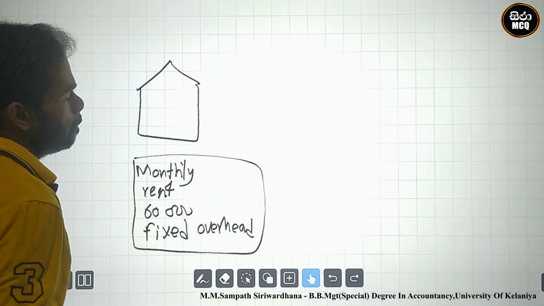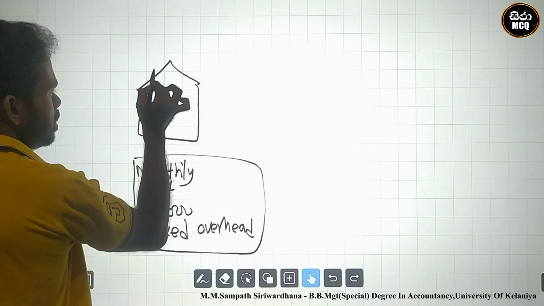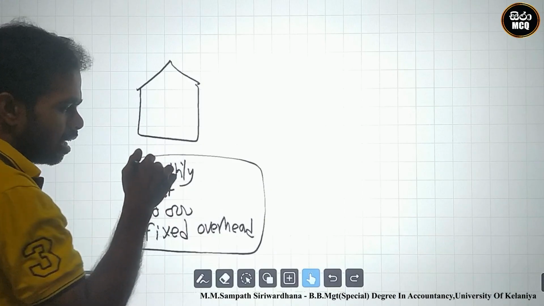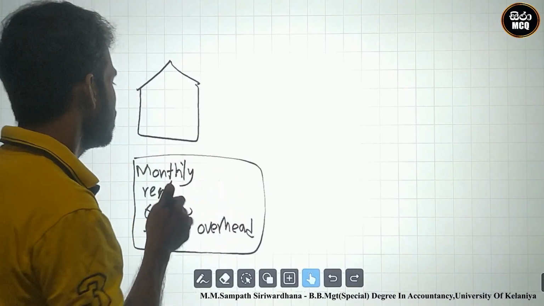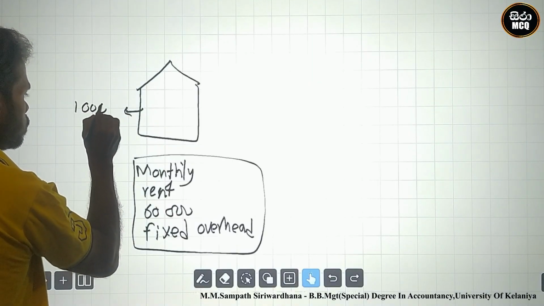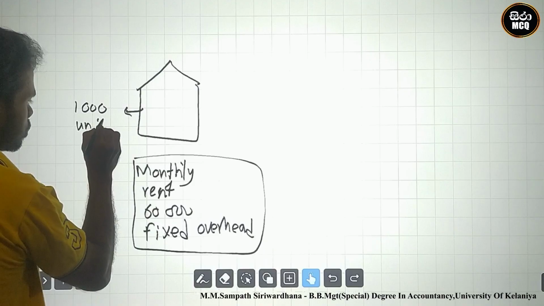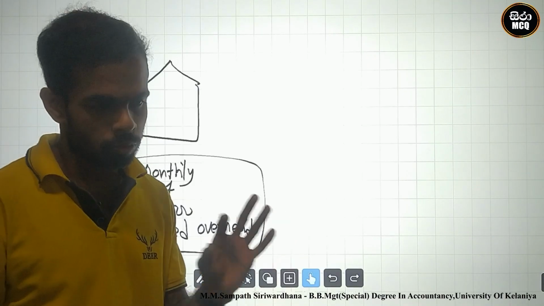Relating to this building, the highest capacity production level is 1000 units. The maximum is 1000 units.